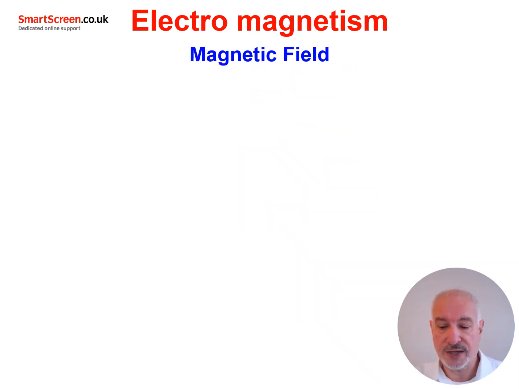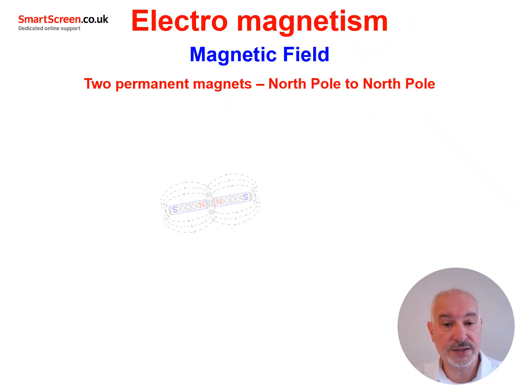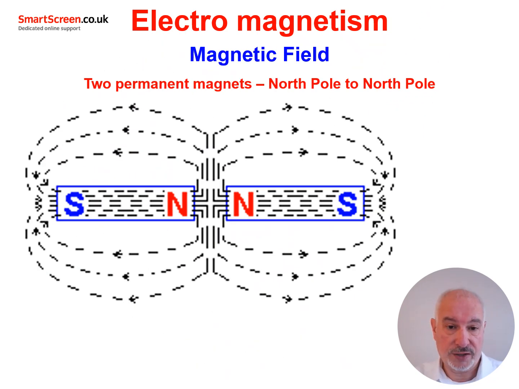Now we're going to look at a diagram of two magnets that are facing each other with the North Poles. So the North Pole of one magnet is facing the North Pole of the other magnet, and we call that like poles, and like poles repel.